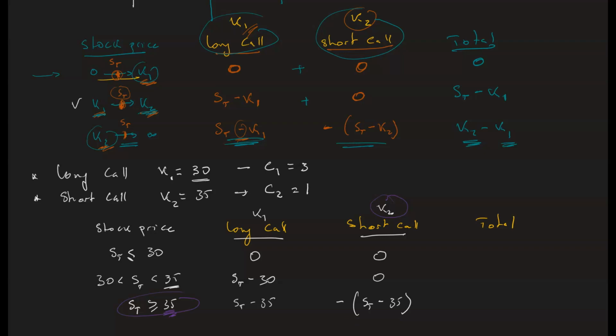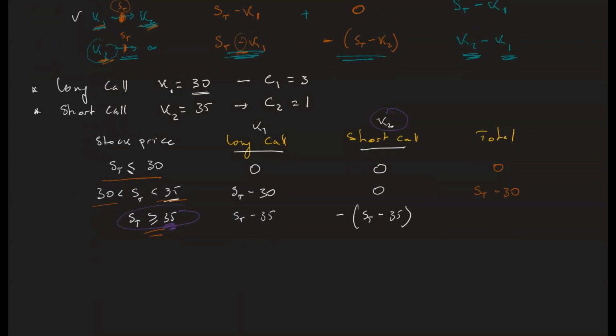And so overall, what do we have? Overall, our total is going to be as follows. We're going to have 0 here as a payoff if the stock price is less than $30. If the stock price is between 30 and 35, our payoff is going to be whatever the stock price is minus 30. And if our stock price is above 35, our payoff is essentially going to be equal to, I shouldn't have 35 here actually, I should have 30.